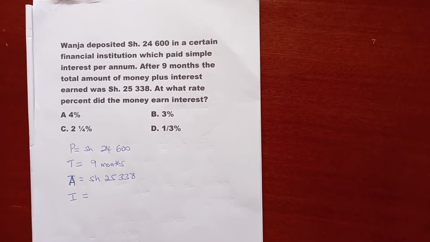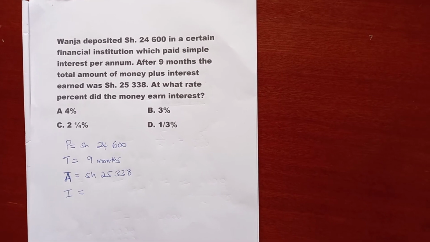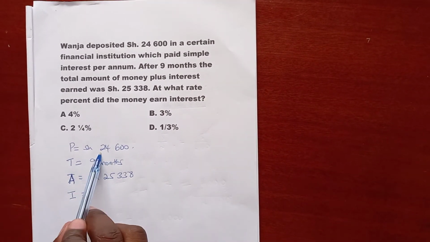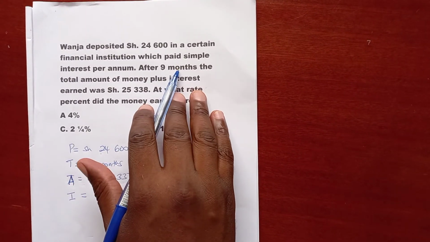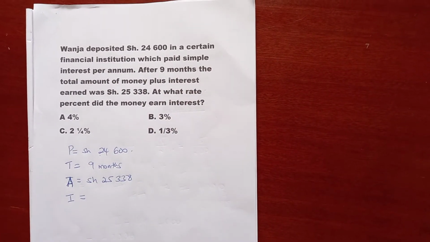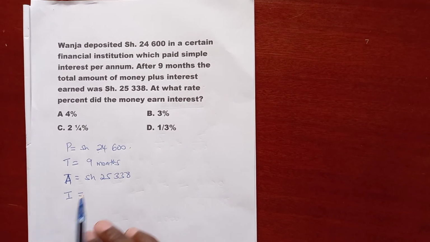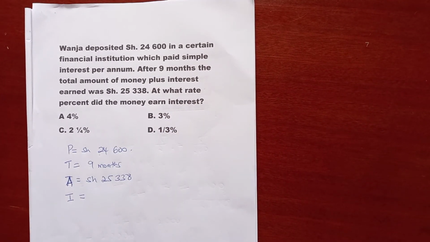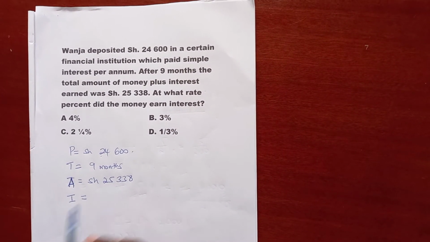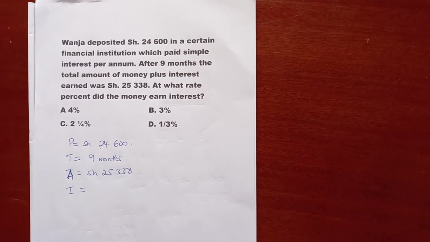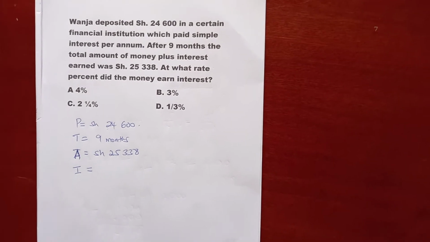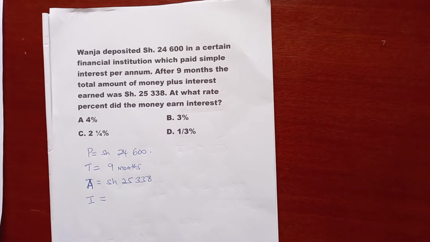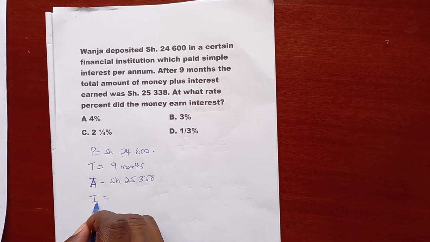We had done a similar question about rate. In our case here, we are told that there was a deposit, which is the principal, 24,600. The money stayed in the financial institution for 9 months. Then the amount that was there altogether was 25,338. And we ask at what rate percent did the money earn the interest. In our first instance, we are also going to get the interest.